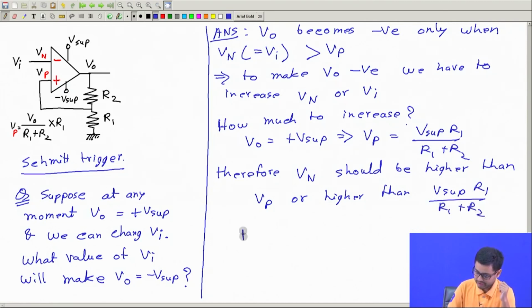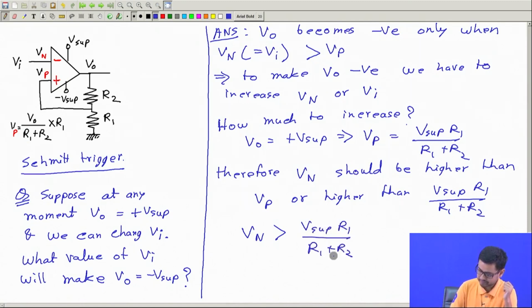Okay. So Vn should be greater than V supply R1 by R1 plus R2. Okay. So this is what we have to do. We have to increase Vn, which is same as Vi, higher than this value. If we increase this higher than this value, okay, then the output will become negative.